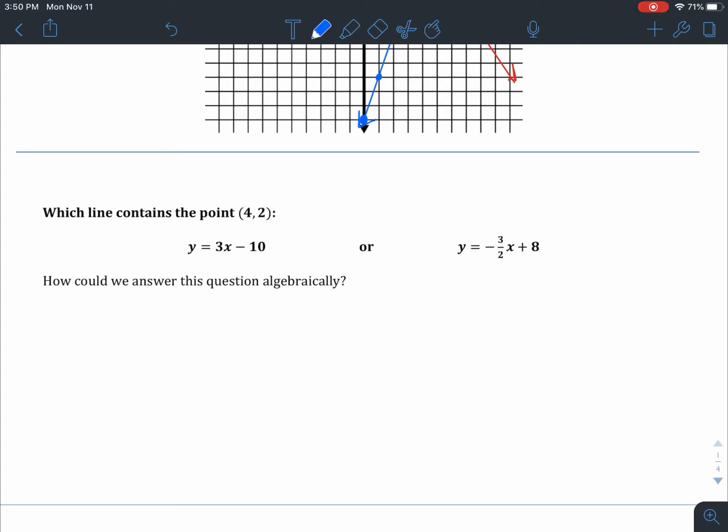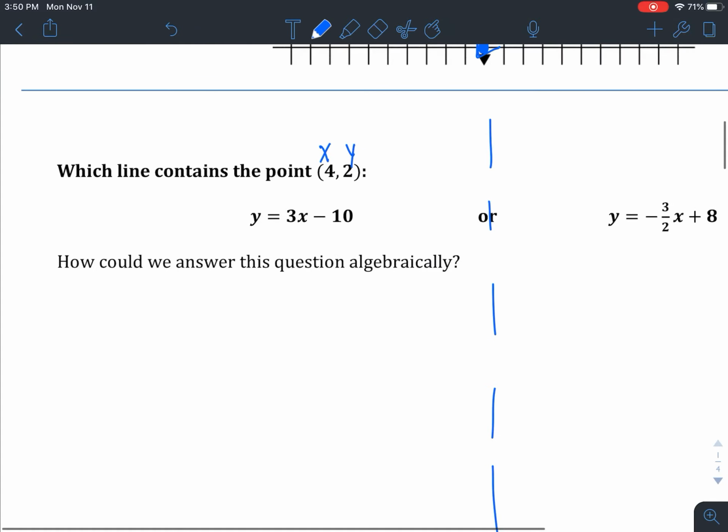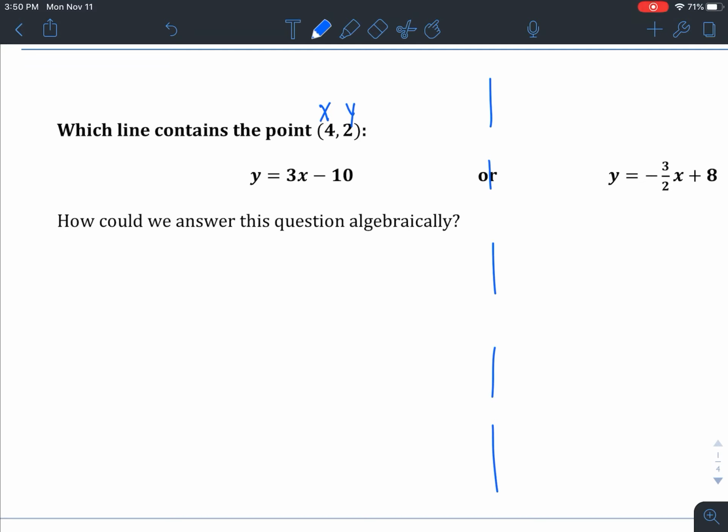So our way of verifying this is to plug those numbers in, 4 for my x value, 2 for my y value, into each of those two equations to make sure it makes my equation true. What I have on the left side is equivalent to what's on the right. So with my left equation, y equals 3x minus 10, my y value is 2, 3 is still my slope, my x value is 4, minus 10.